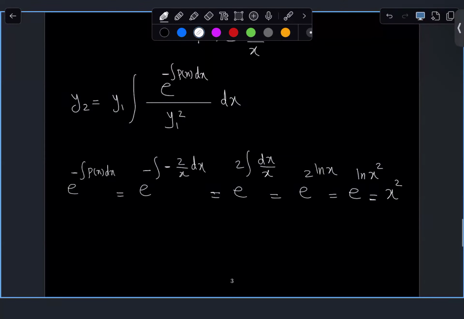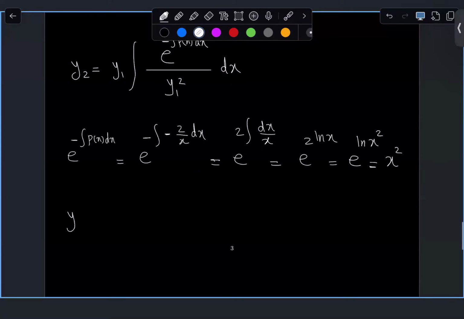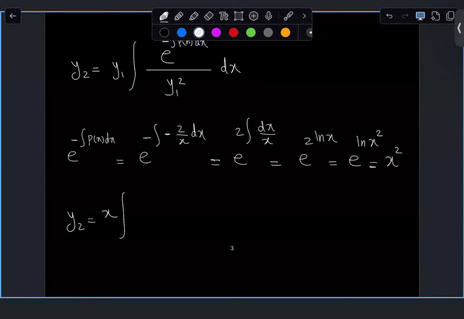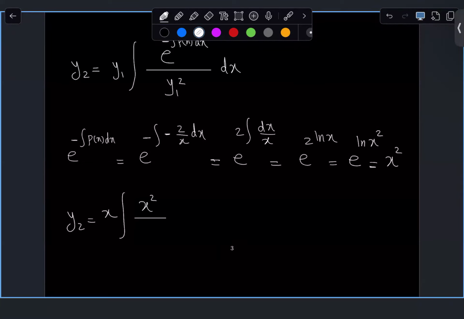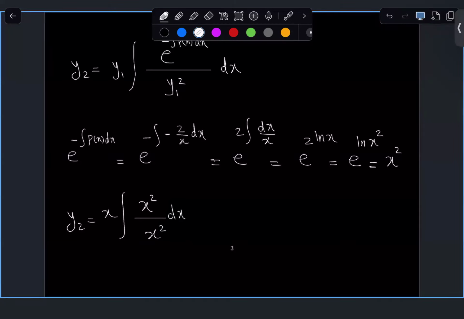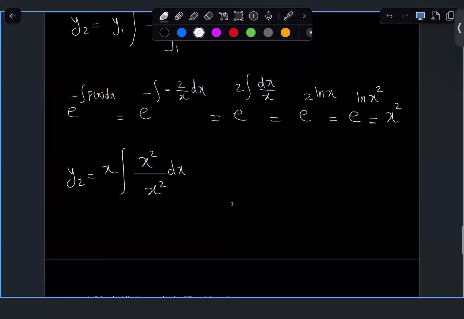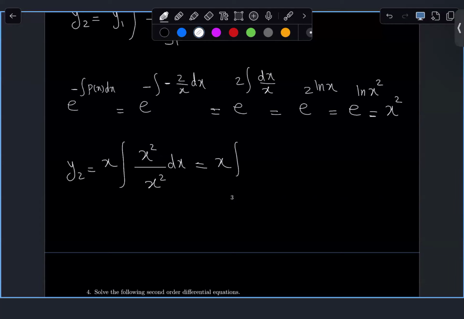So that's just this term in the formula. I need to now plug in everything I have. y1 was x. The integral's numerator is x squared, and the denominator is also x squared. So that's very easy, actually. You just have to multiply x by the integral of dx, which is x.